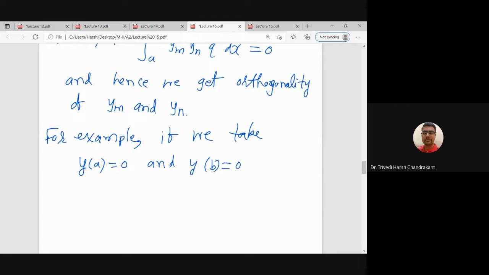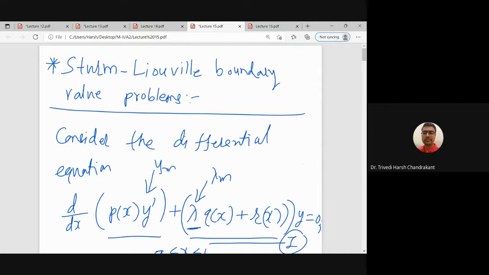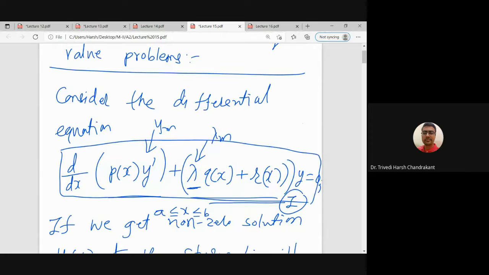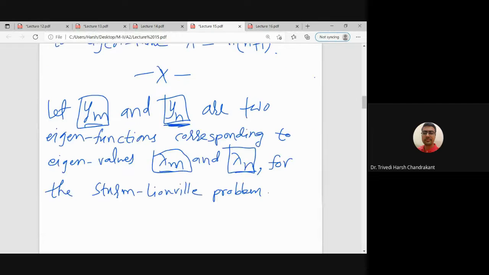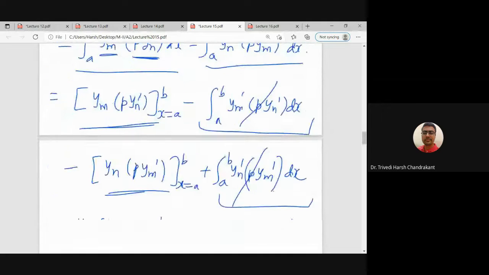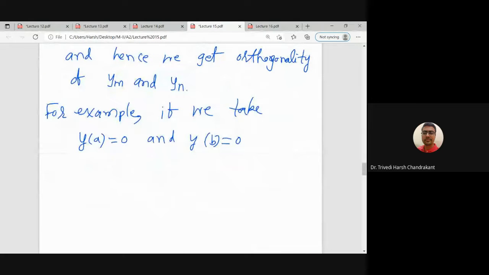So what does this mean? This means we are given this Sturm-Liouville equation, that is equation number 1, along with a condition on the solution y. We are looking for the solutions which satisfy the condition that every solution should be 0 at the endpoints, right?